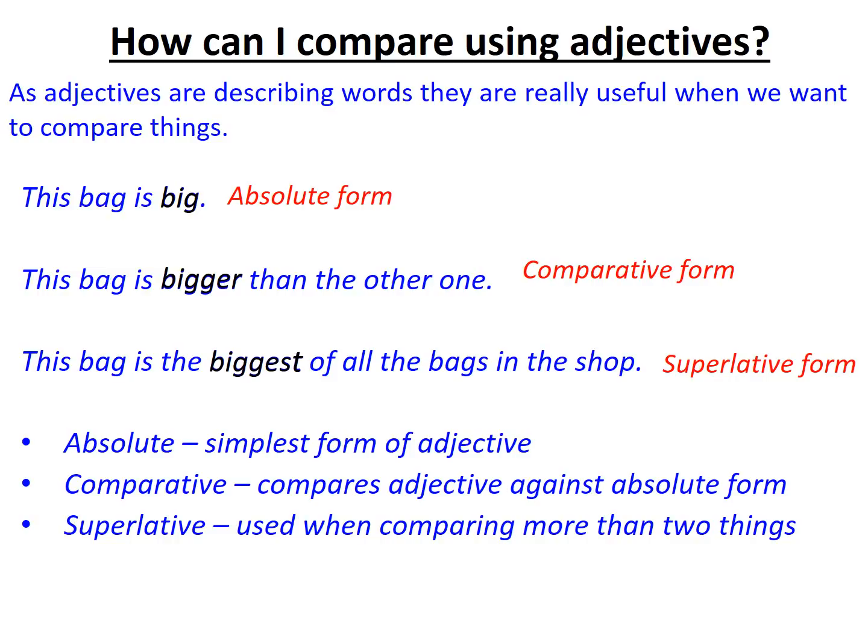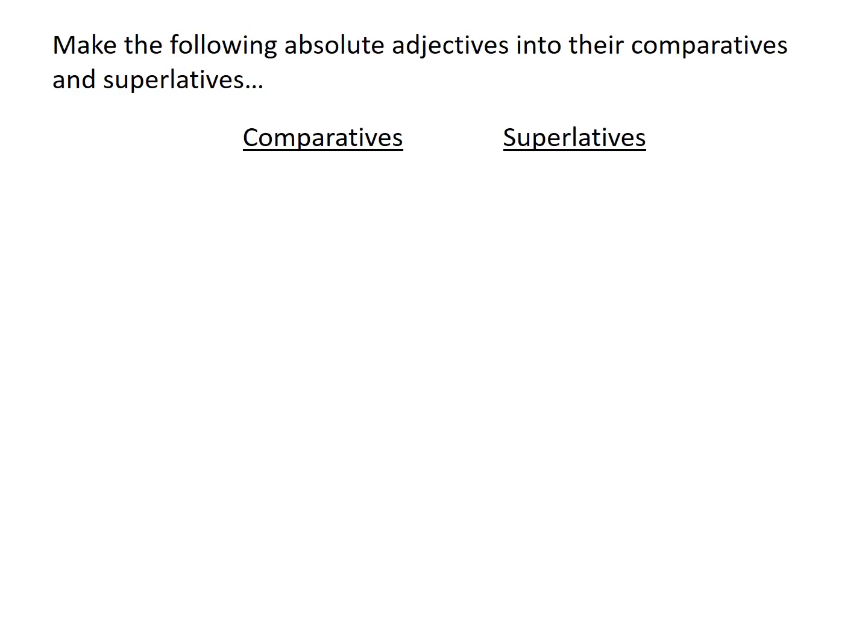You can't get bigger than the biggest. So now it's your turn. Make the following absolute adjectives into their comparative and superlative counterparts. Hit pause if you need thinking time, but remember you're looking to use the comparative and then the superlative.